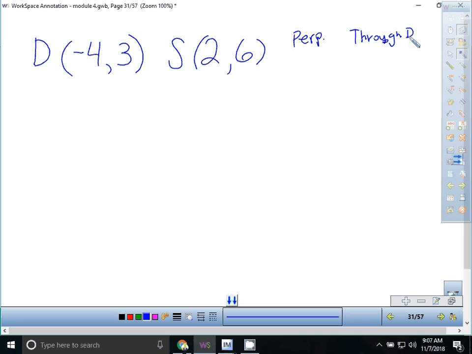Yeah, it'd be negative 2. This is the one with double negatives and stuff. Careful here. How did you get it?